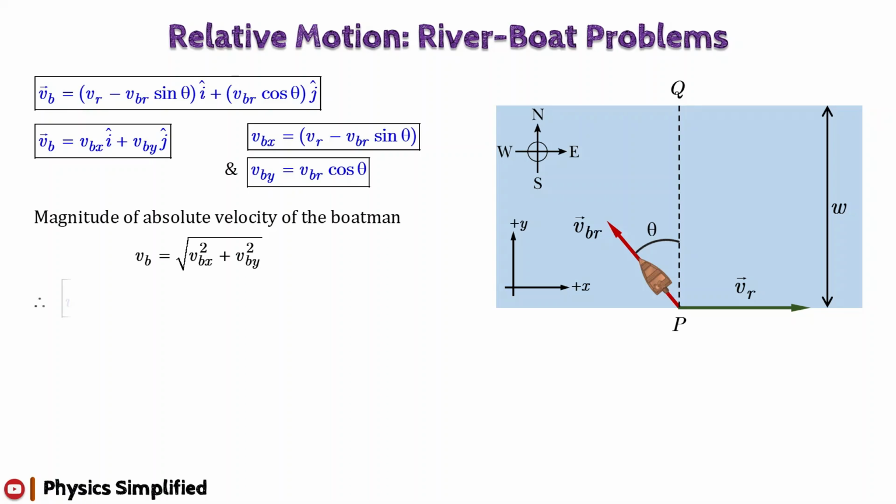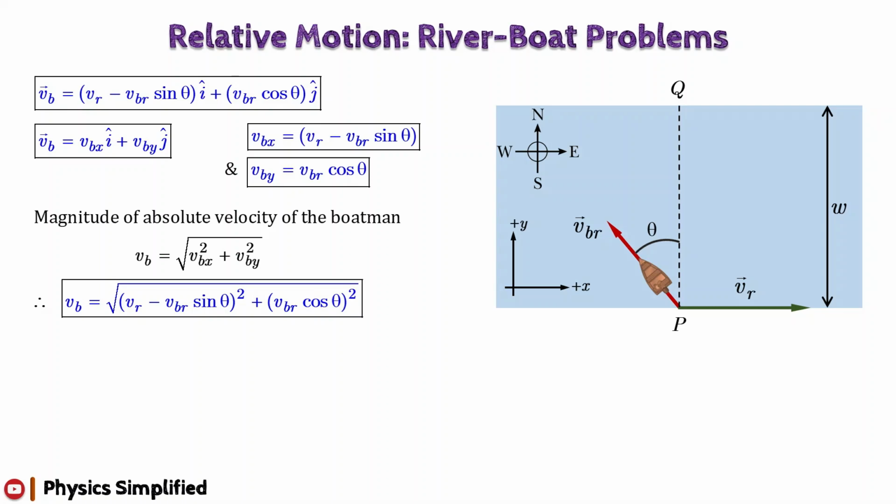Substituting the expressions of v suffix bx and v suffix by, we obtain v suffix b is equal to under square root v suffix r minus v suffix br sin theta whole squared plus v suffix br cos theta whole squared. This represents the magnitude of the absolute velocity of the boatman in this case.